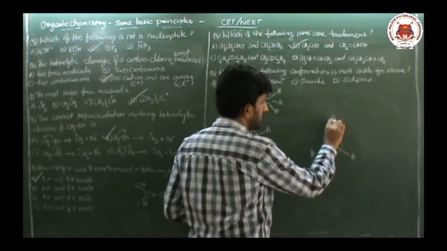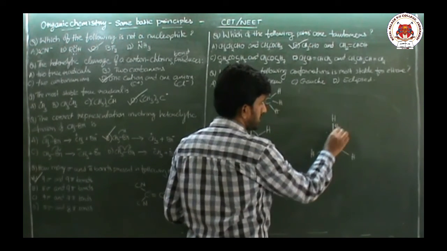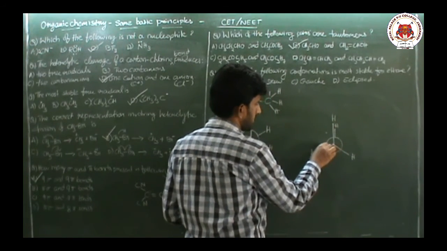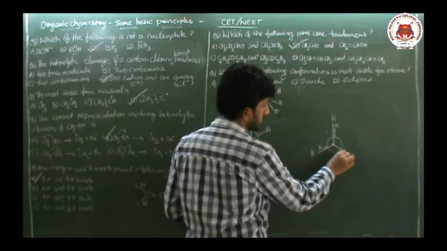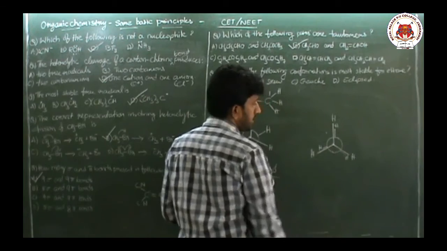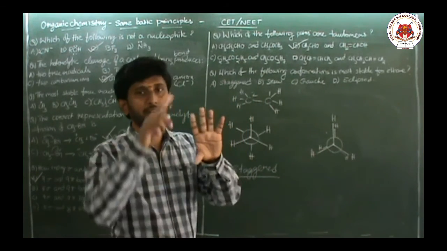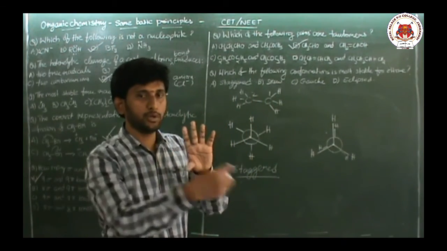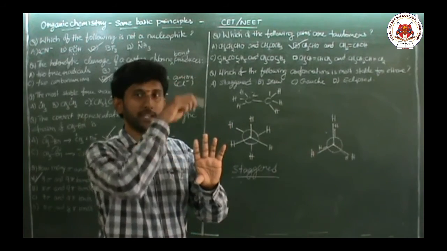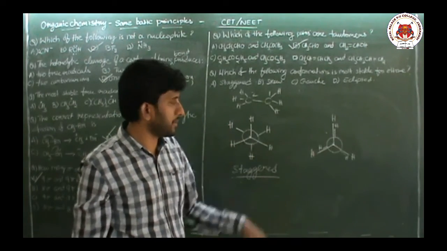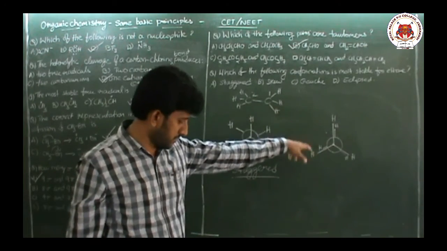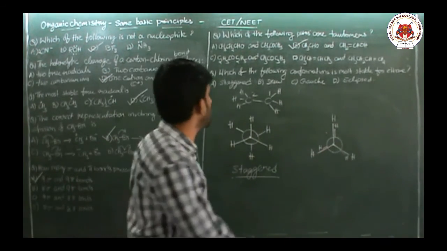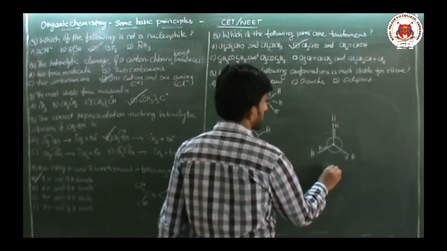If the 3 hydrogen atoms are like this, one above and two at the sides, and the back side also has one above and two at the sides, that type of isomer where the dihedral angle is 0 is called the eclipsed isomer.